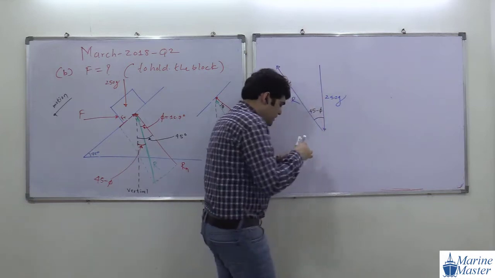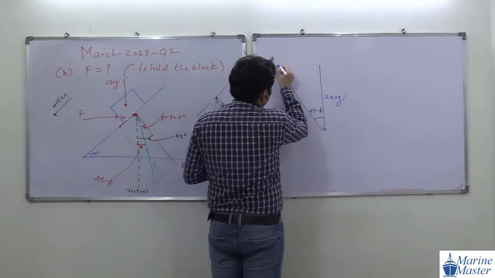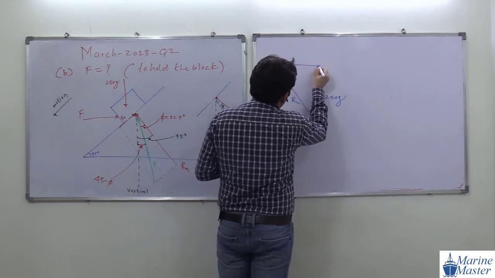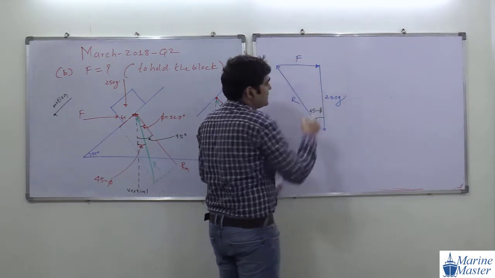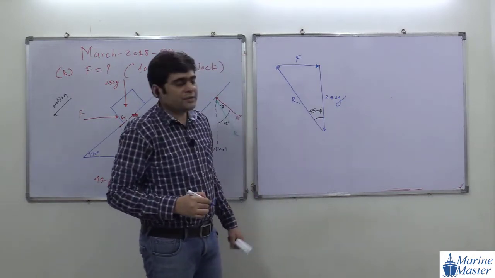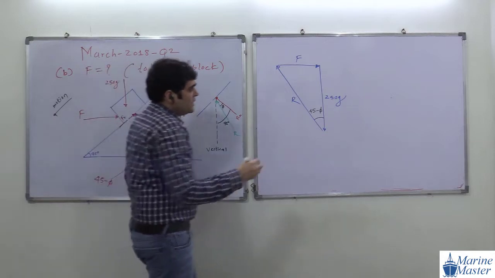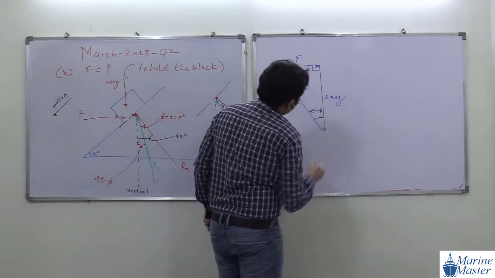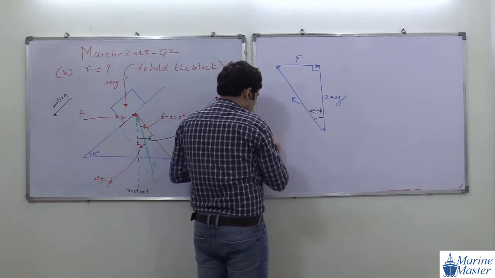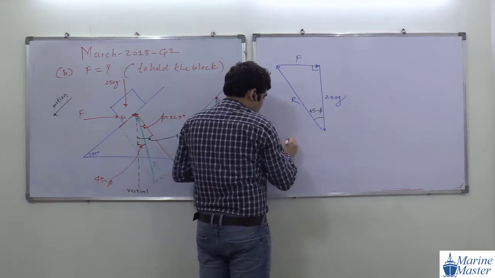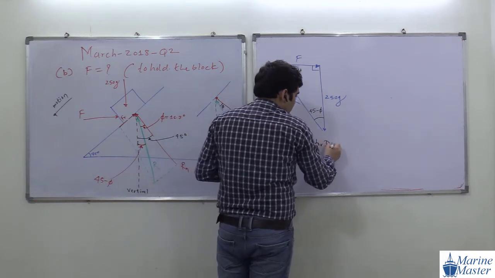See the scenario here. And then this will be our F, our horizontal force. This is a right angle triangle. What is the name of this figure? Force vector diagram.